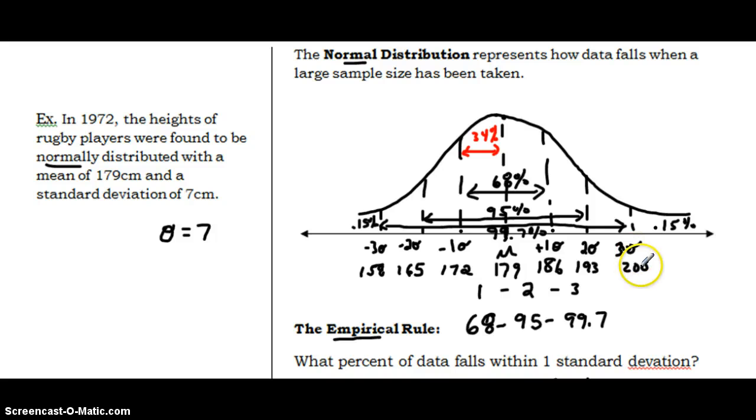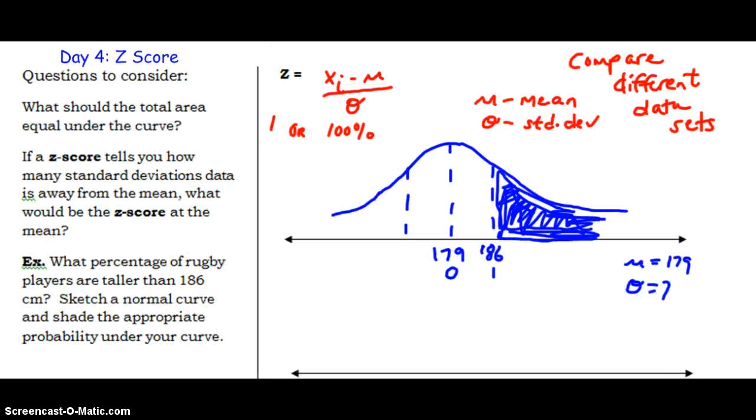A z-score of 3 would be the value of 200. So if we had a person that was 195 centimeters, they would expect to have a z-score between 2 and 3, and closer to 2. Similarly, if you had a -1 z-score, it would be 172, a -2 z-score would be 165, and a -3 would be 158. So let's keep practicing this and make sure we understand.